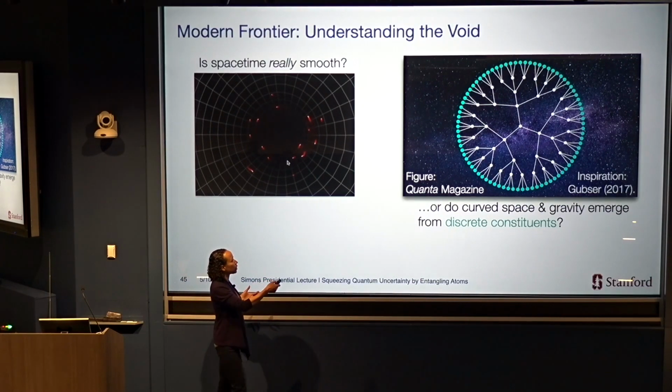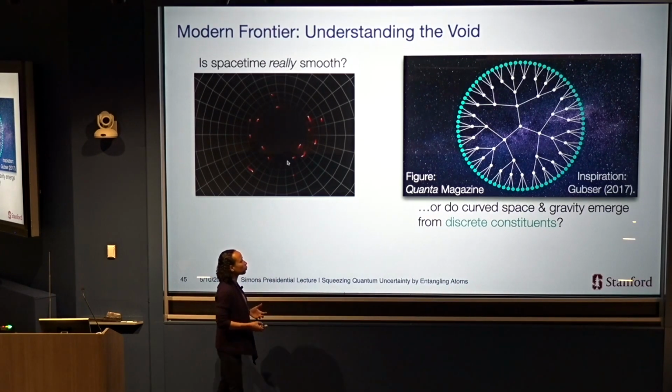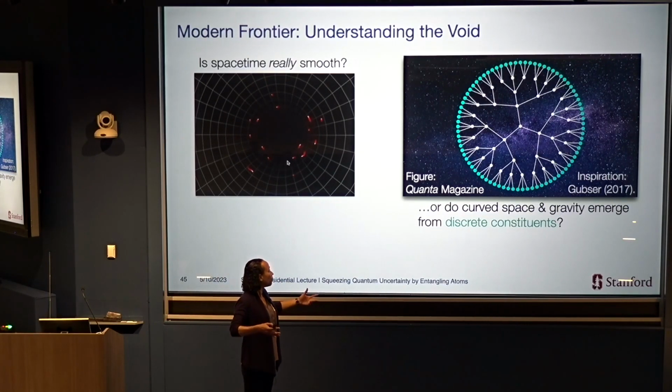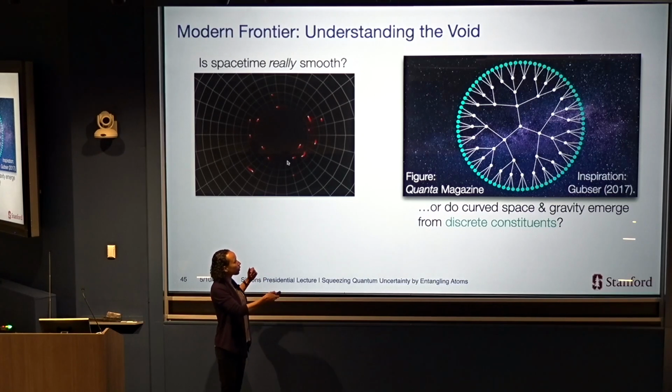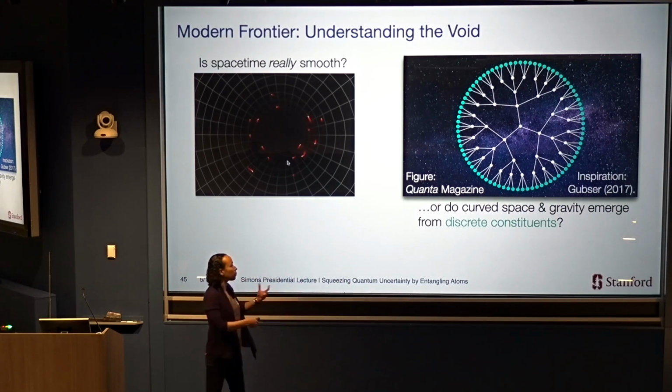So imagine that each of these dots here is a qubit. And the lines represent something about the structure of entanglement between the qubits. In this particular example, the lines form some sort of a tree graph where the number of points is exponentially larger than the depth of the tree.